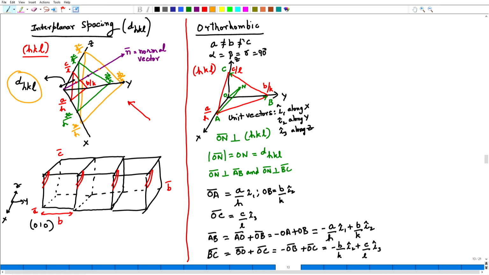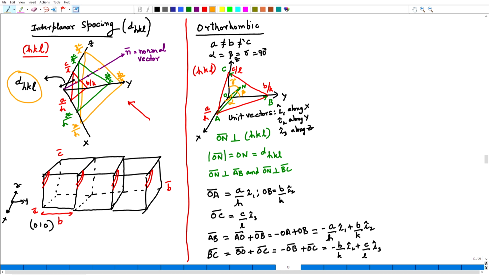Now, let us look at the vector ON itself. The direction of vector ON can be defined by three angles, which are called the direction cosines. The angle alpha that the vector ON makes with the x axis, ON makes an angle with the y axis as beta, and the vector ON makes an angle with the z axis as gamma.